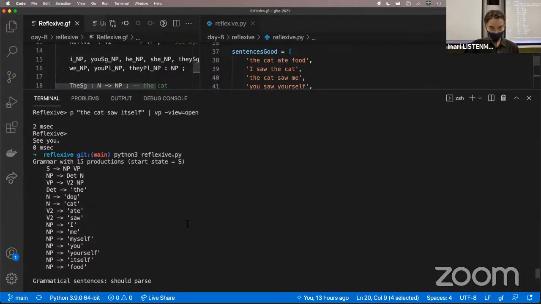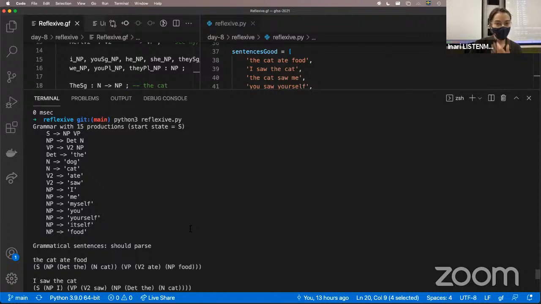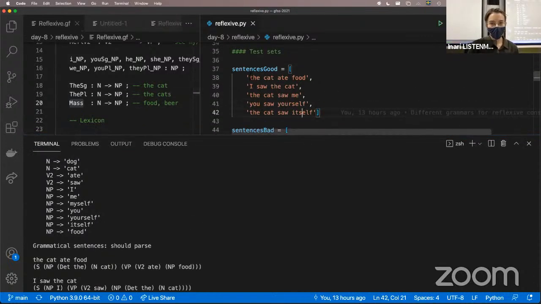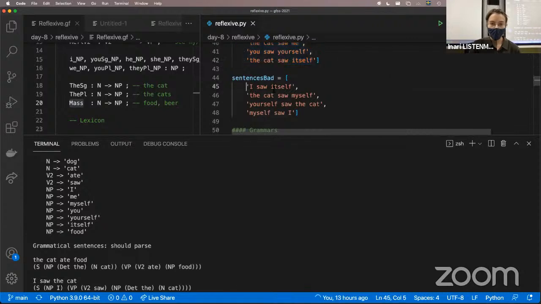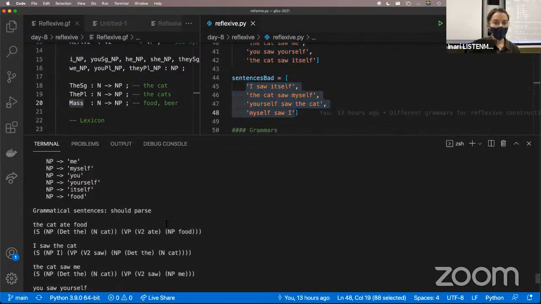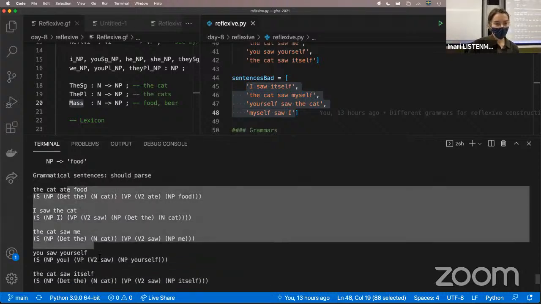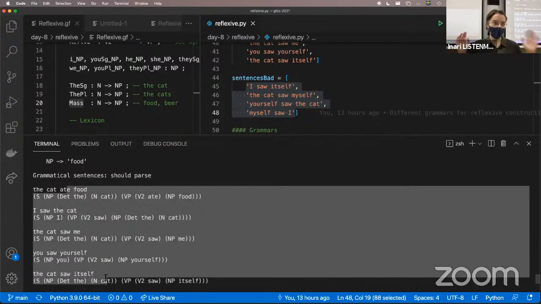Okay. So now we have our test sentences. These are in the Python code. So the good sentences: the cat ate food, I saw the cat, the cat saw me, you saw yourself, the cat saw itself. And the bad sentences, we should reject these. The grammatical sentences should pass. All of these passed, so that's good.